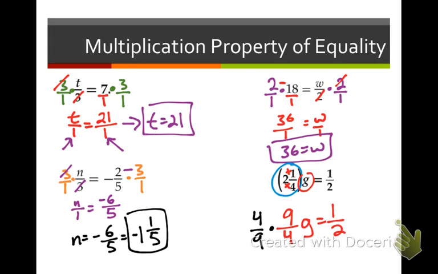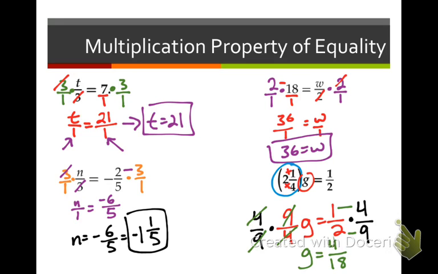Because we multiplied by 4 over 9 on that side, we're going to multiply on this side as well. So that allows us to cancel out the 4's and the 9's. So we have g equals, if I multiply 1 times 4, I get 4. If I multiply 2 times 9, I get 18.